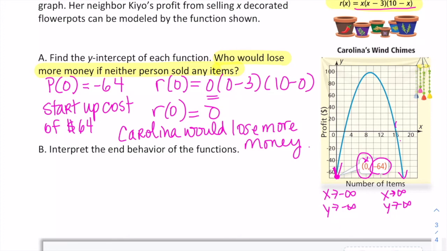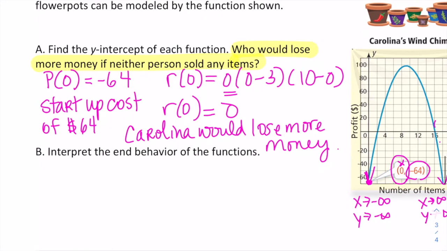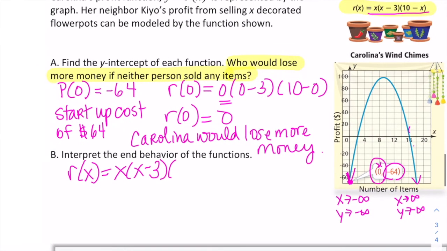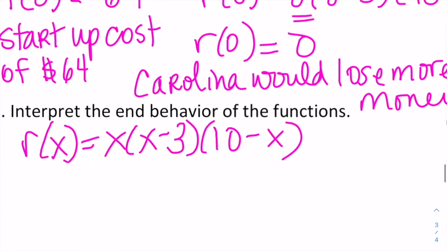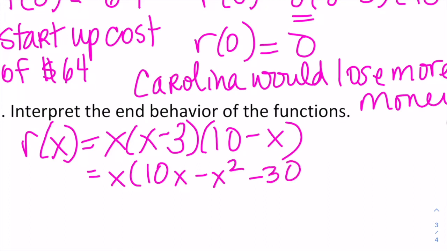Now we want to see Q's flower pots. So what I'm going to do is actually rewrite the equation into standard form. You can see right away that there are going to be 3 x's. But first I'm just going to FOIL this. So we have 10x minus x squared minus 30 plus 3x.